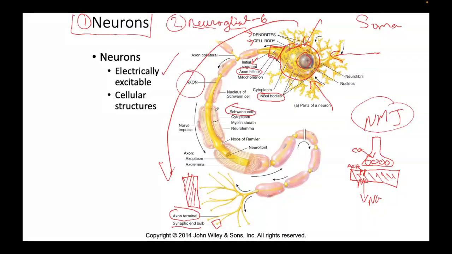One of them is called a Schwann cell, and what this Schwann cell does is it wraps around this axon, and it insulates it. It insulates it with myelin. Myelin is like fat and cholesterol: lipids, fats. It surrounds the axon, and it's an insulator, and it's designed to speed up the impulses from here to go to the end.